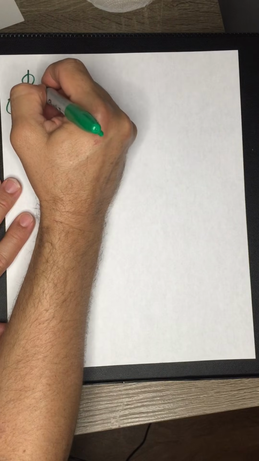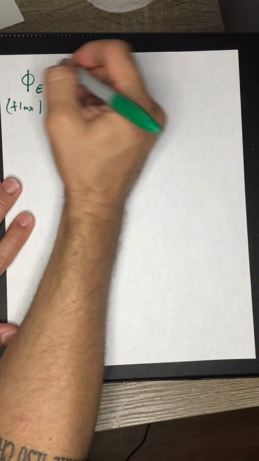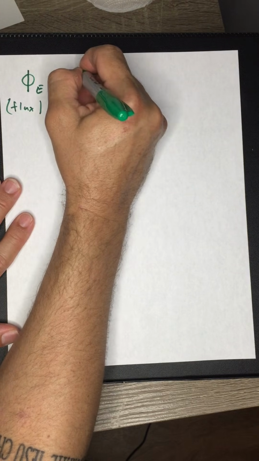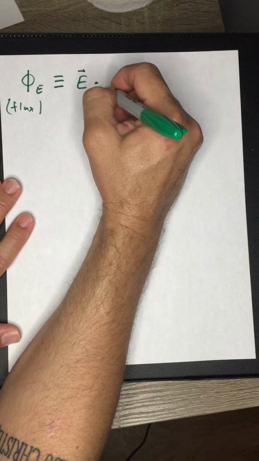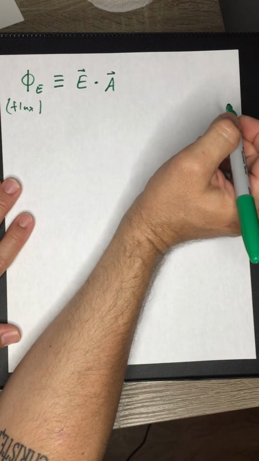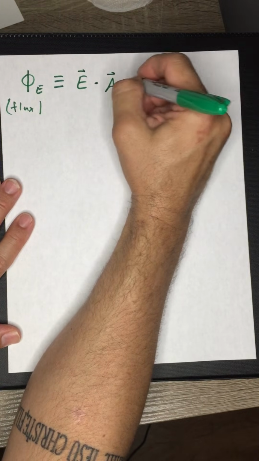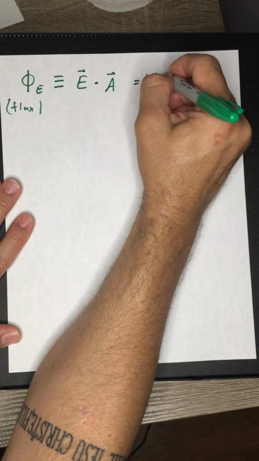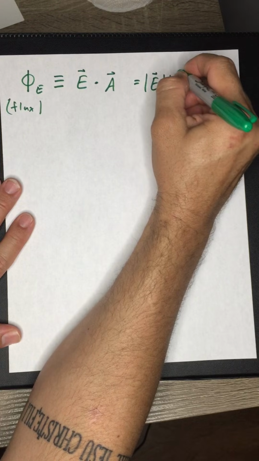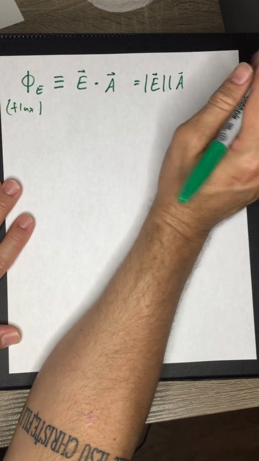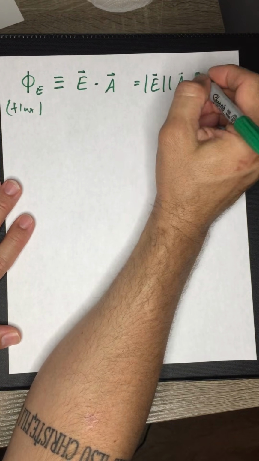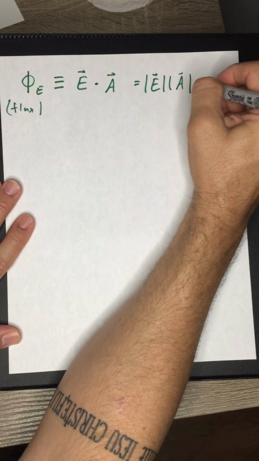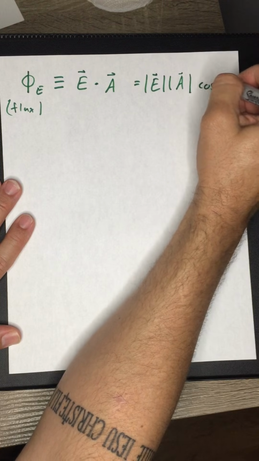And I'm going to subscript this with an E. Electric flux is defined as the E vector dotted into the A vector. That's the magnitude of E, magnitude of A, times the cosine of the angle between them.